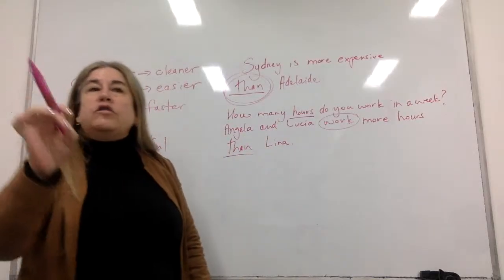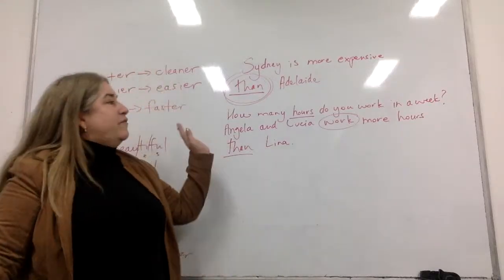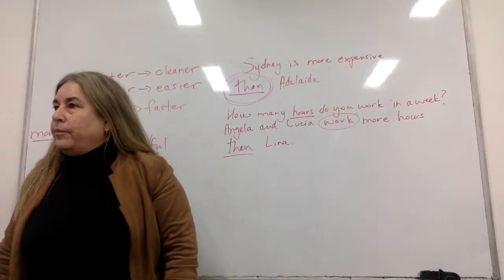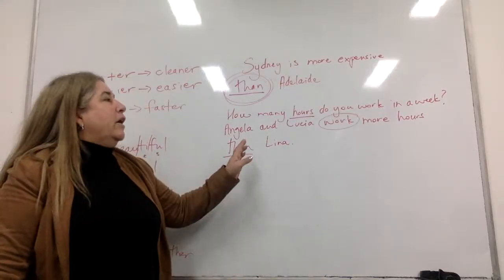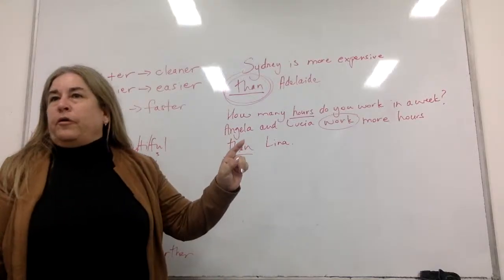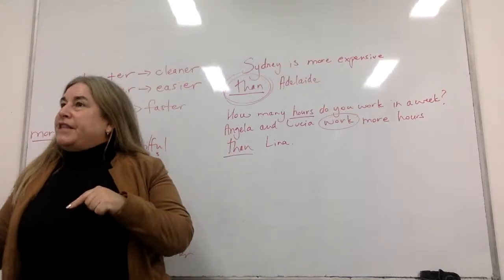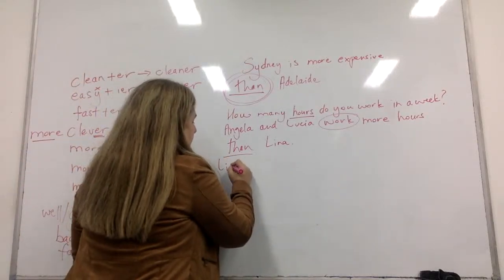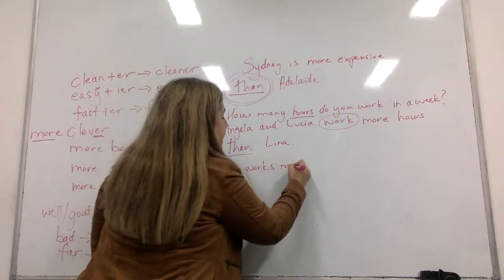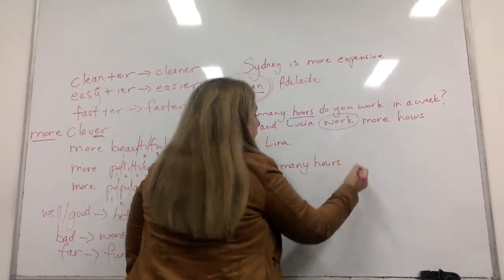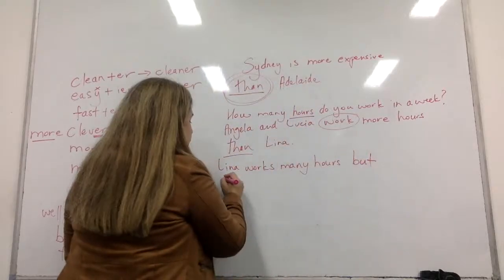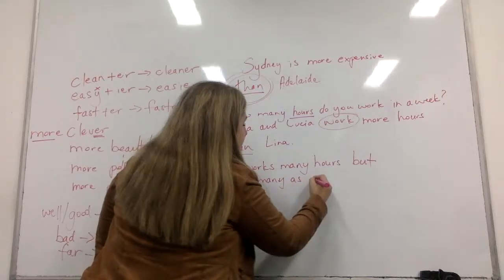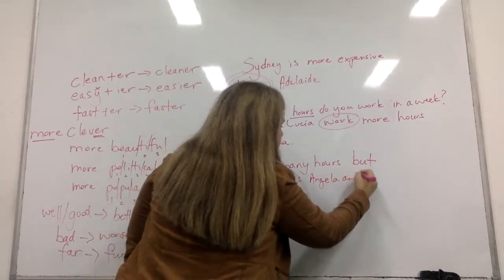Now, I can also do the negative, because this sentence is an affirmative, correct? Being an affirmative, we can also use the negative, because we could say, Lena works many hours, but, and look what I'm going to do, not as many as Angela and Lucia.